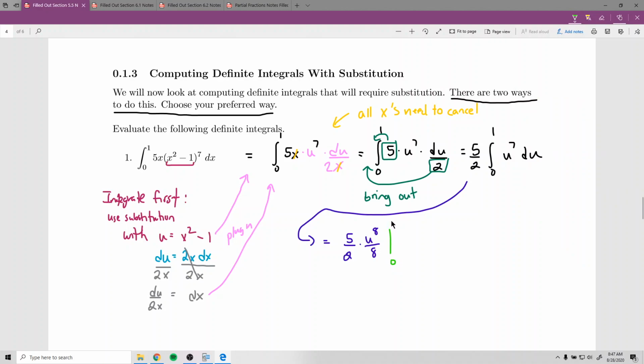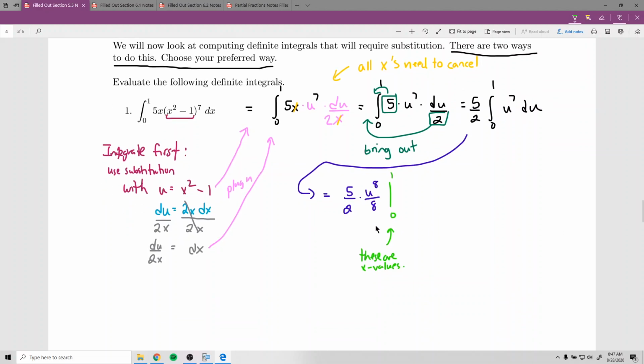When we draw our evaluation bar, these are for the x values, because that's what we started with. Remember, every time we integrated with substitution before, after we integrated, we switched to x, or whatever our starting letter was. And you must still do that. You must switch to x before you plug in.